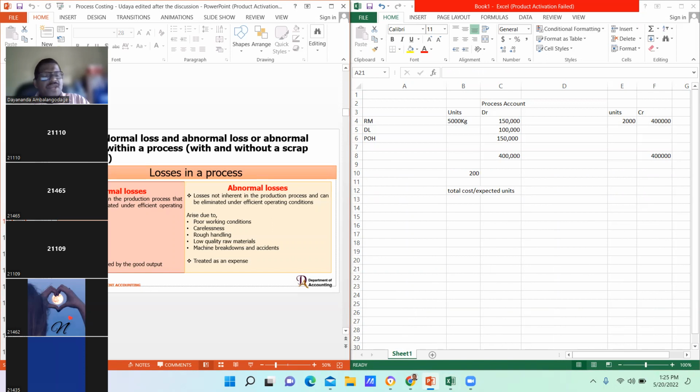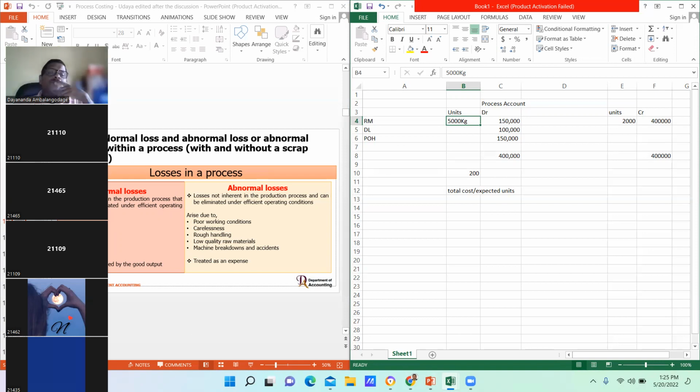Next one is, we are trying to explain to you the normal loss. Here you see that 500 kg you insert, maybe the milk, maybe the cloth, maybe oil, maybe anything. But there were no losses, no wastage in the process. That is the meaning.